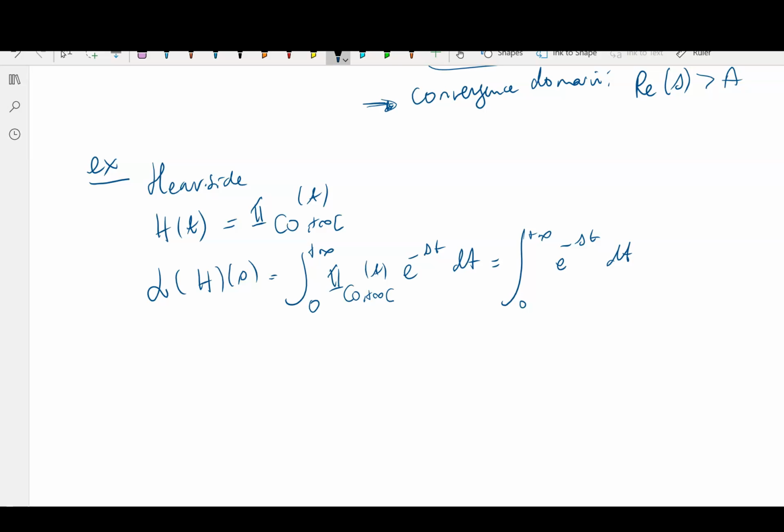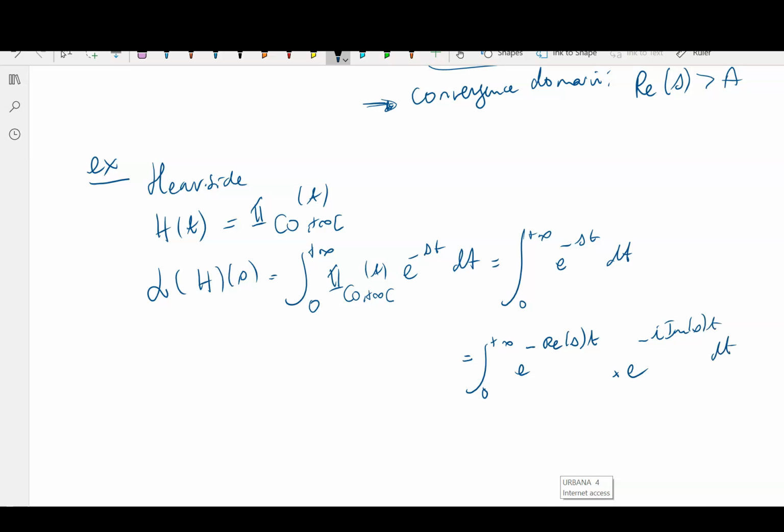We can just split that into the integral between 0 and plus infinity of e minus real part of s times t, times e minus i imaginary part of s times t dt.